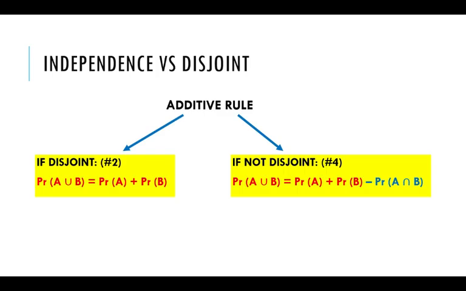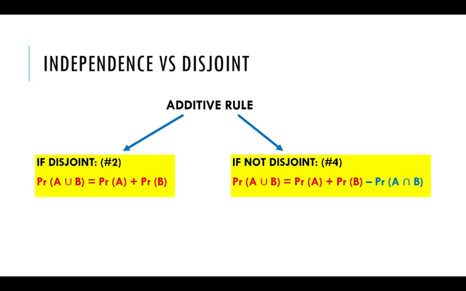So the additive rule we looked at, if it was disjoint, it was a little bit easier equation. It was equation number 2 on the left, right? But if it wasn't disjoint, it gave us equation number 4. Look at those 2 equations and remember, what's the difference between equation 2 and equation 4? The blue part on the right.